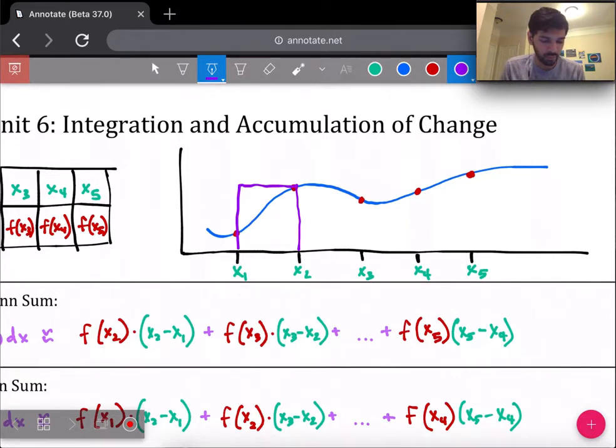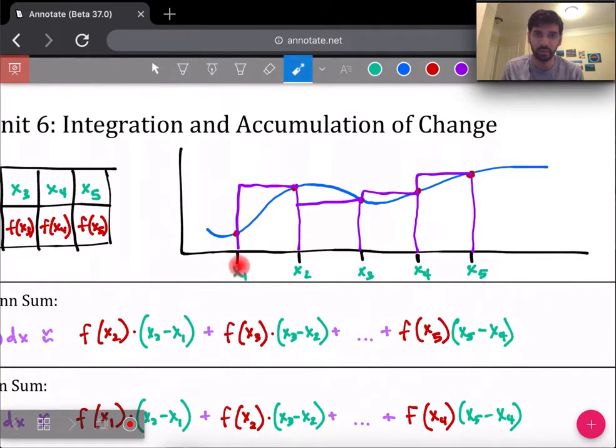And if I go throughout this graph and use the right endpoint of each interval, that means I'm using x2 for the first interval, x3 for the second interval, x4 for the third interval, and x5 for the fourth interval. We have four rectangles here. So we did not use the height of x1.